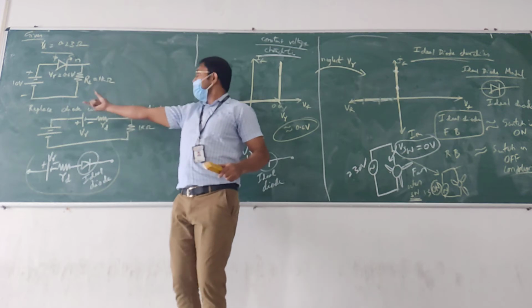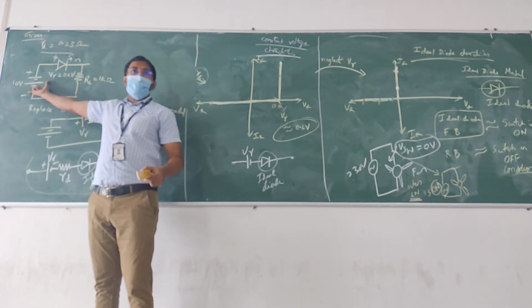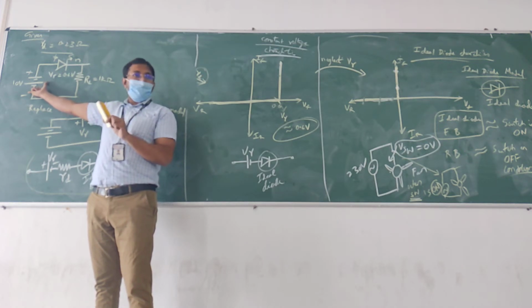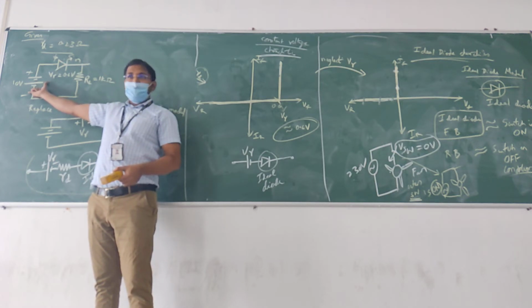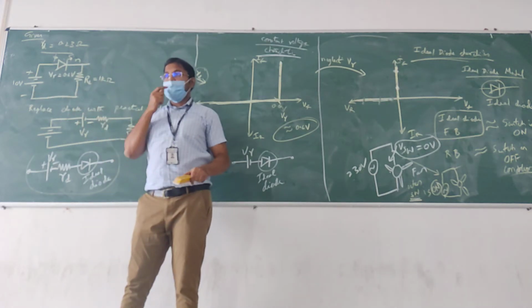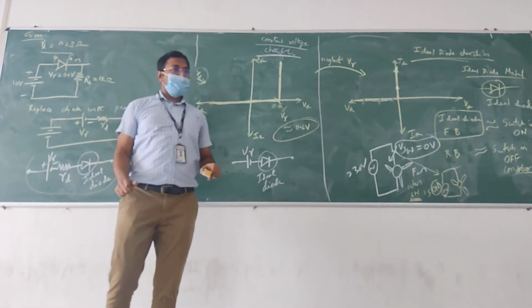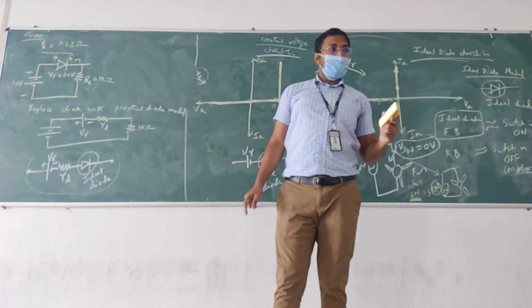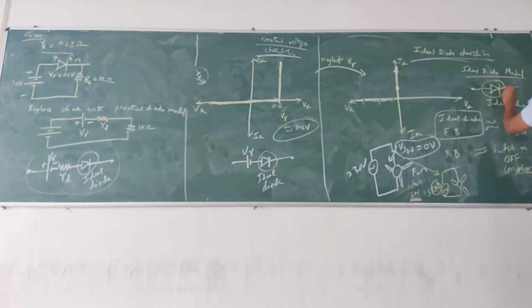Theoretically, if we want a general expression valid for both forward and reverse, then we put ideal. Here we can clearly see the diode is forward bias, so I can replace it with a direct connection between these 2 points.